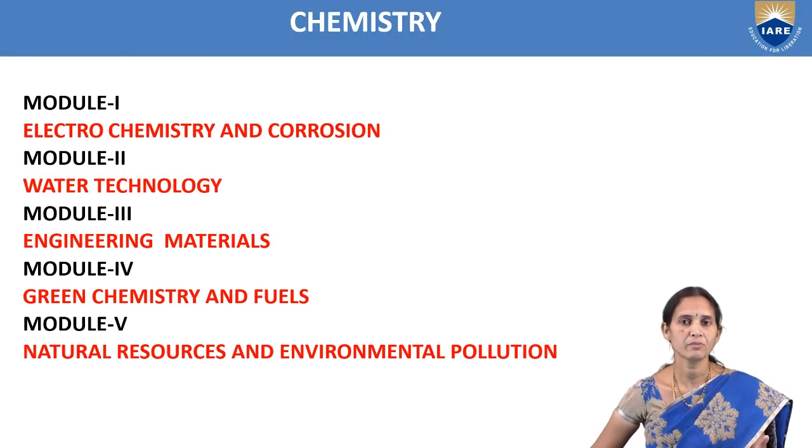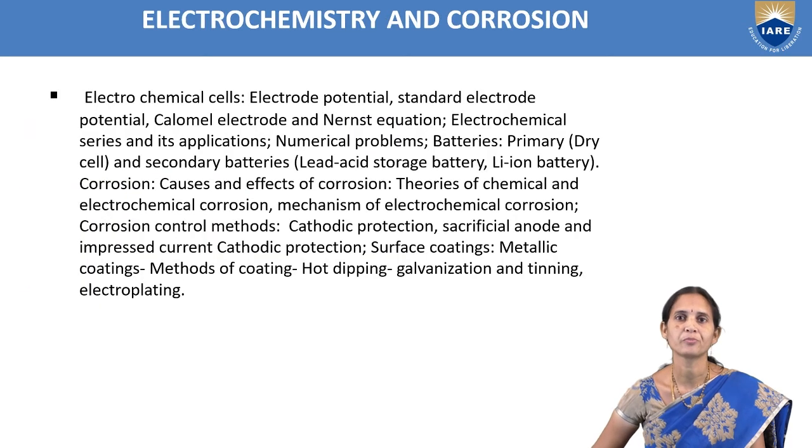So when we come to the syllabus, we have 5 modules. Module 1 electrochemistry and corrosion, module 2 water technology, module 3 engineering materials, module 4 green chemistry and fuels, module 5 natural resources and environmental pollution. Module 1 is the electrochemical cell.